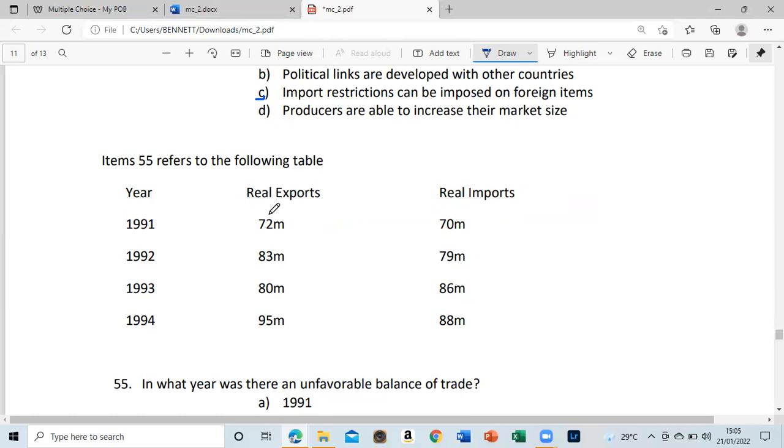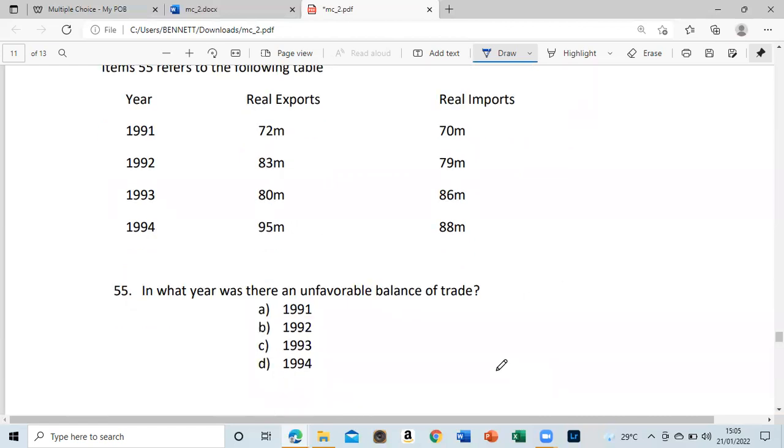So we see more export than import for this one, and for some more export. It's less export than import here, so it's definitely this one. So let us see which option that is. It will be 1993. So number 55 is C.